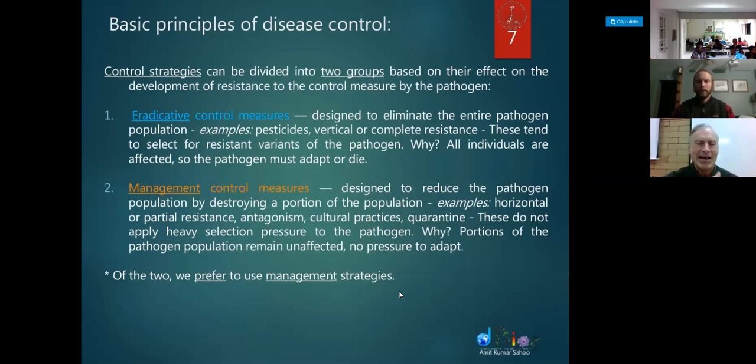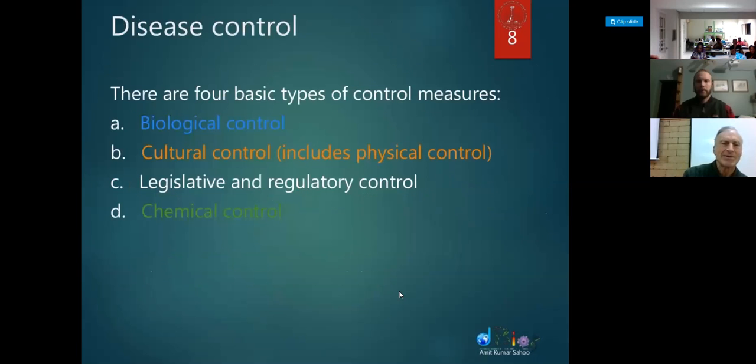Something that is a more long-term strategy is to use management control measures designed to reduce the pathogen population to the point where it's not causing a big problem, but not try to eliminate it entirely. That's not going to cause resistance of the pathogen to the control measure.